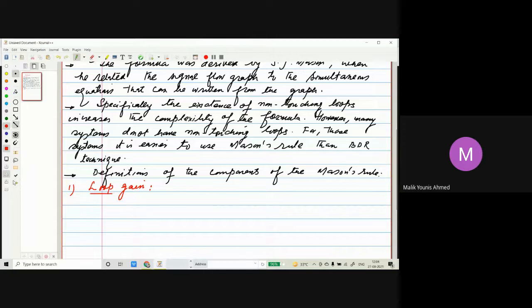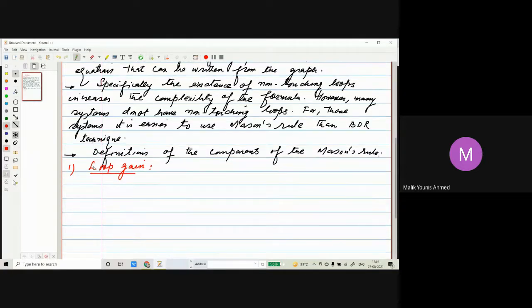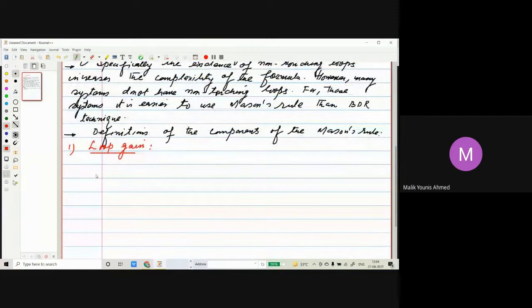Loop gain first. Let me draw the diagram. Out of this, we'll see each of the definitions.